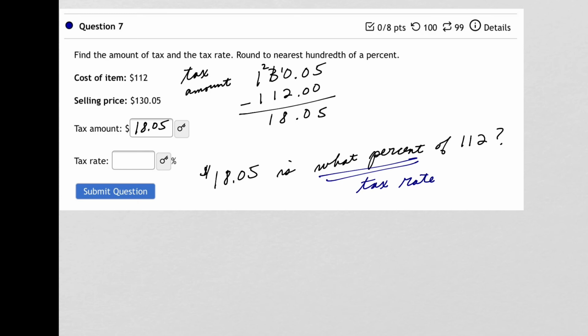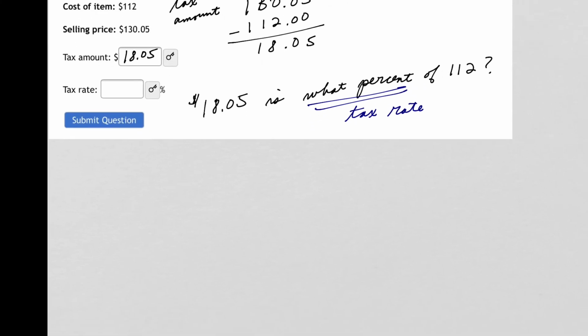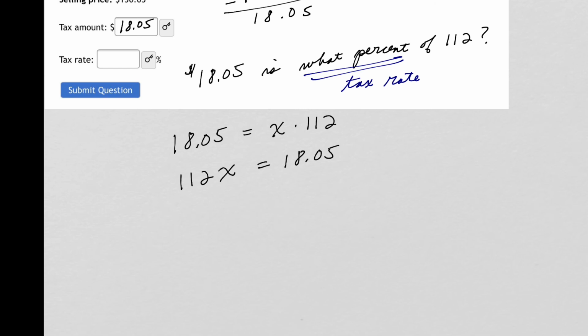Okay, how do we solve this? Let's just write it as an equation. So we have 18.05 equals what percent, I can call x, of 112. So I could write this as 112x is equal to 18.05. Now to solve for x, I need to divide by 112.